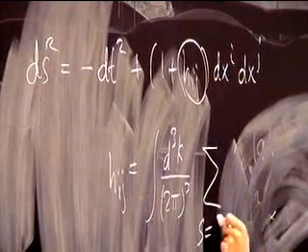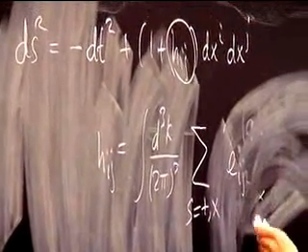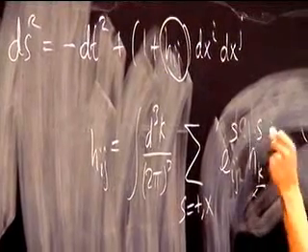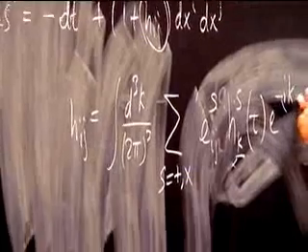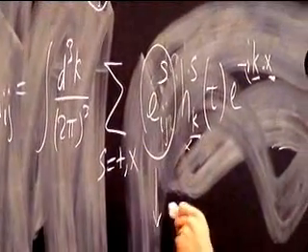Then here I want to sum over two polarization modes. I introduce this polarization tensor, e^λ_ij. And this polarization tensor has to satisfy a couple of properties.